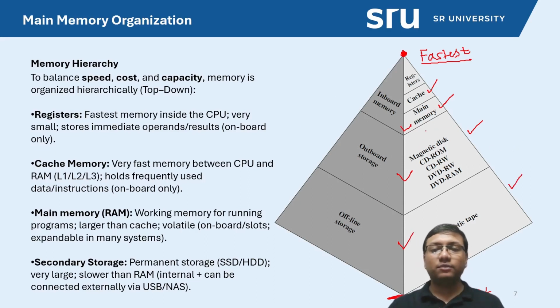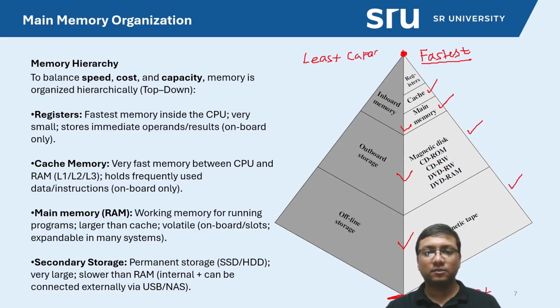We get another piece of information from this. Near the tip of the pyramid, registers are fastest, but they have the least capacity of storage. But if you travel down from the top, the offline storages have the largest capacity.